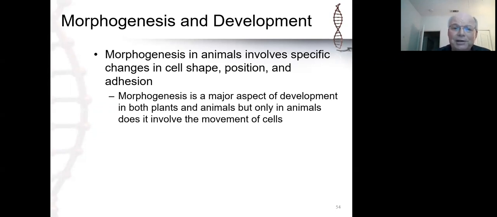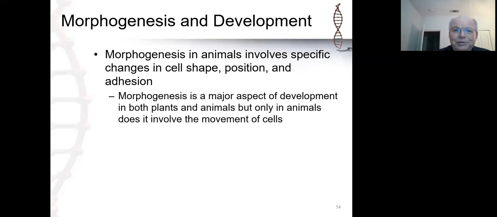I mentioned the idea of cuboidal cells. They're square shape, turning into columnar cells. They're more rectangular in shape. We're going to find that cells are going to start sticking to each other, both locally, but also as a consequence of crawling from one location to another.